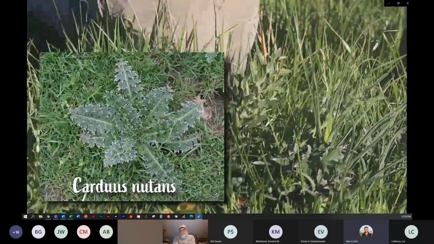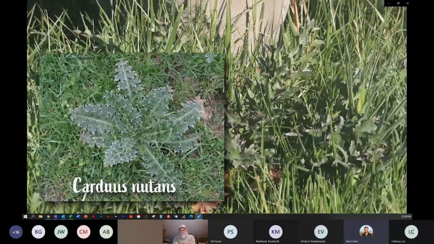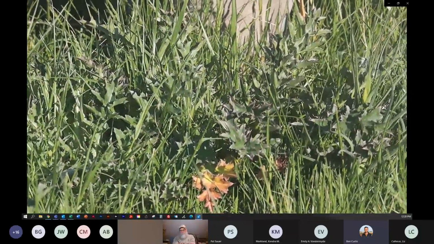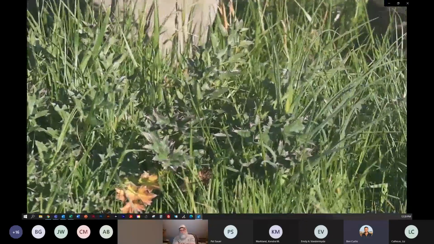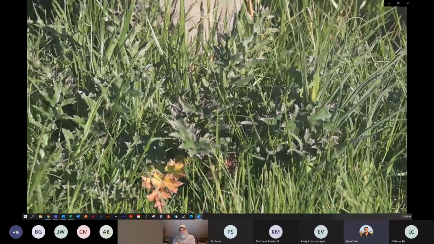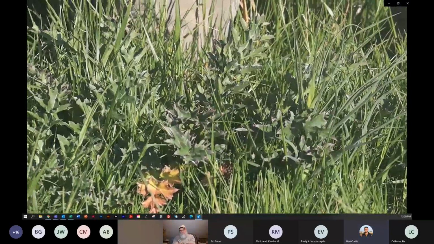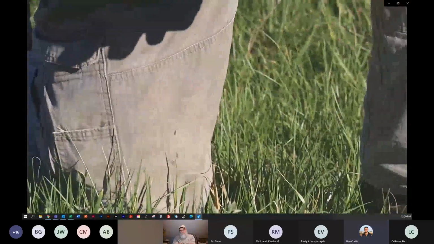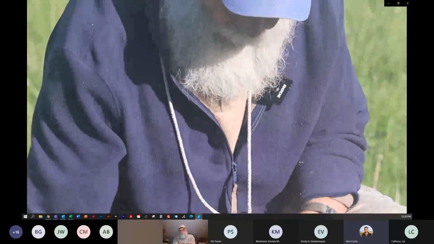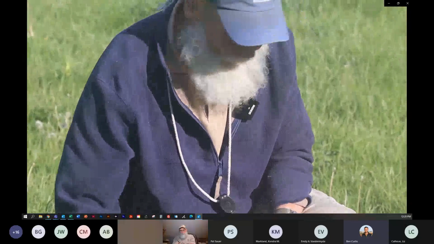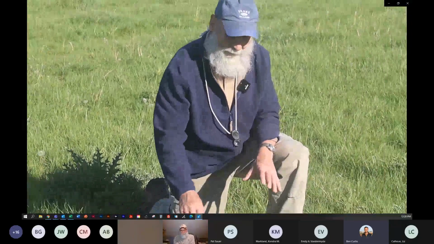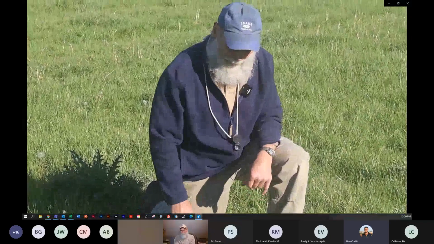The musk thistle, Carduus nutans, is the scientific name. Probably the thing you would confuse this the most with would be bull thistle. Bull thistle and musk thistle, again, have about the same size of rosettes, similar size and similar flowering later on. I think the thing that tells me this is musk thistle and not bull thistle is just the shininess and the glabrousness of these leaves.